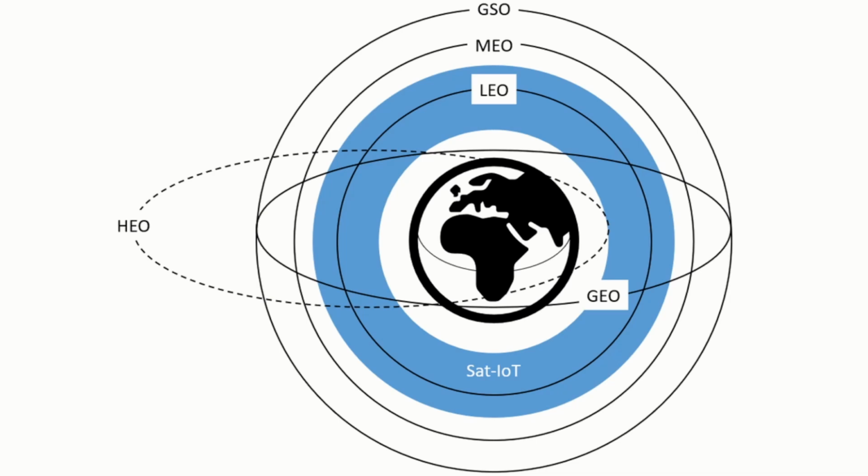The stability has advantages for applications like communication and broadcasting services, where consistent coverage over a specific area is essential. For instance, geostationary satellites are responsible for delivering satellite television signals to our homes. Satellites used by DSTV are essentially geostationary satellites.